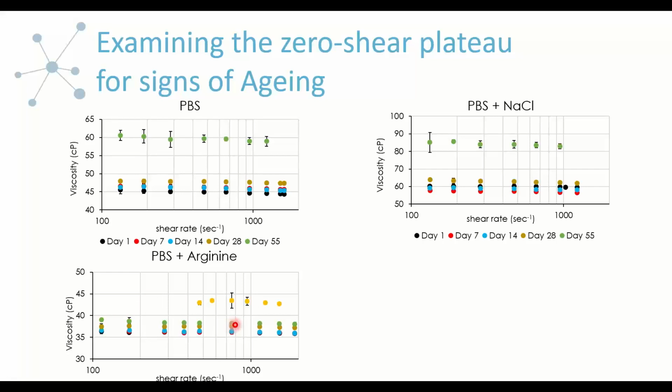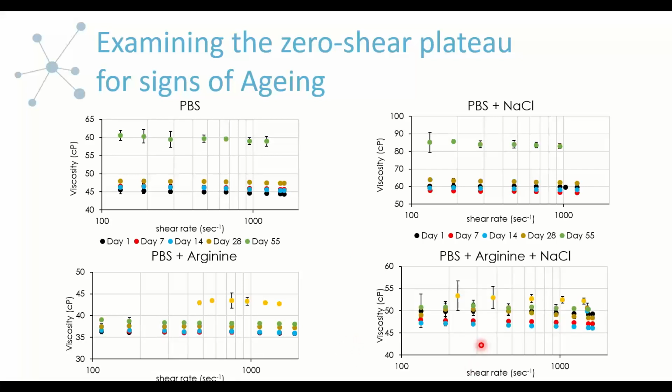And in fact, the PBS formulation and the PBS sodium chloride formulation exhibited signs of flocculation, meaning that visible solid particles of protein had crashed out of solution, these aggregates known as flocks, after 55 days. And once they started flocculating, we couldn't measure them on our instrumentation anymore safely.